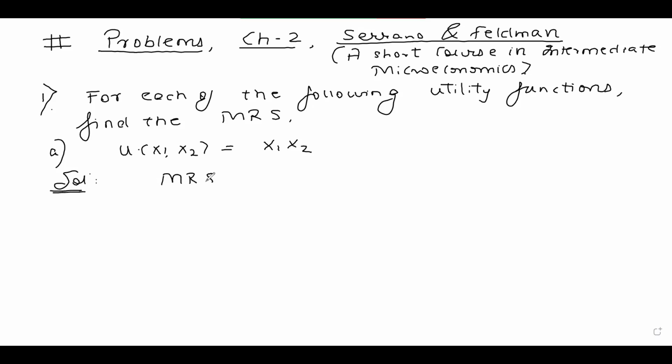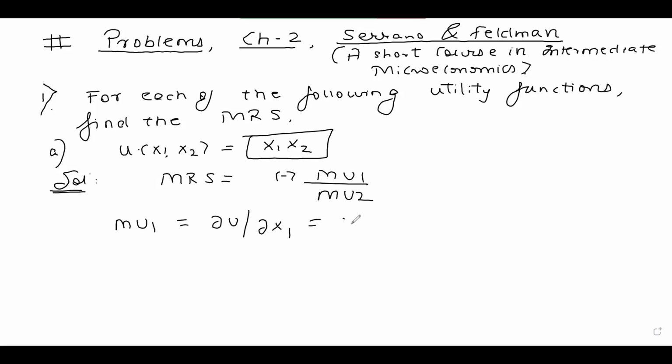MRS is nothing but minus MU1 over MU2. What is MU1? Marginal utility of good one. How do we find it? It is the partial derivative of the utility function with respect to x1. If I partially differentiate this with respect to x1, I get x2. What is MU2? It's the partial derivative of the utility function with respect to x2.